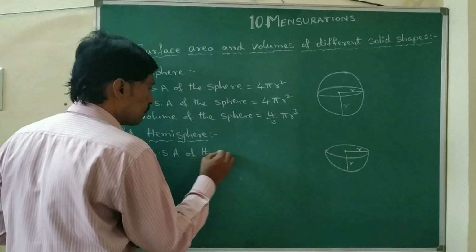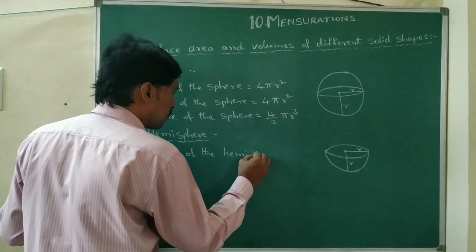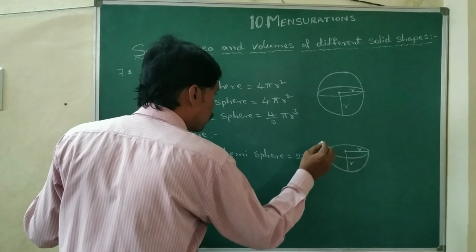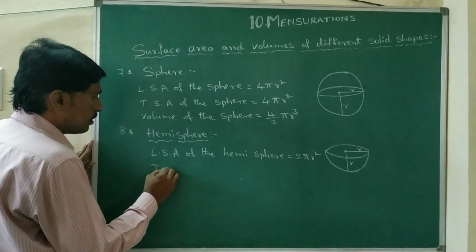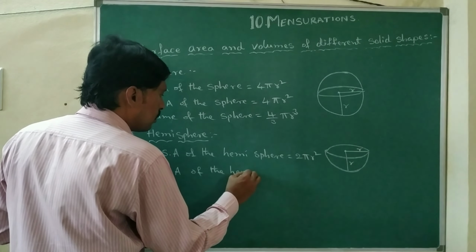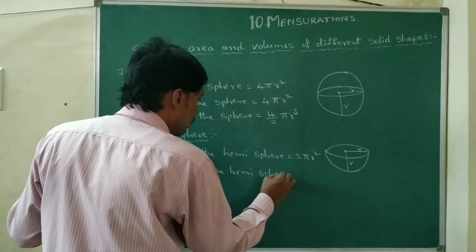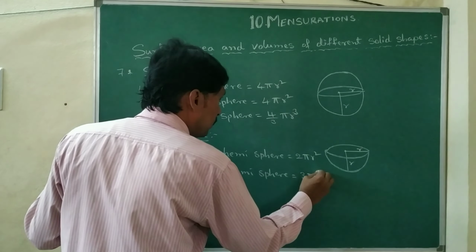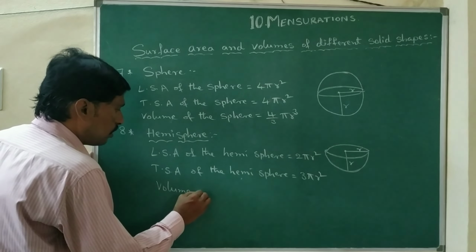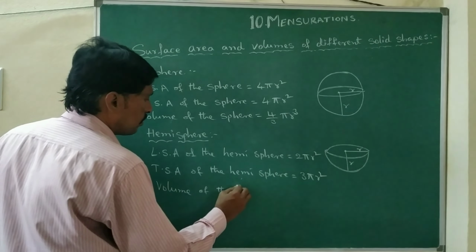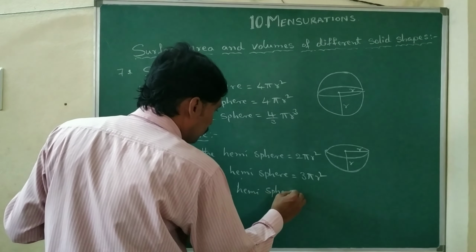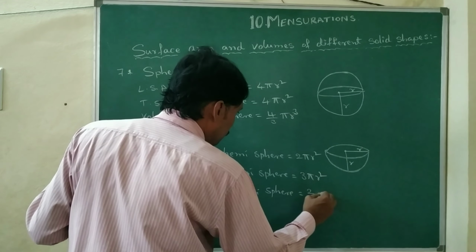LSA of the hemisphere equals 2 pi r square. TSA of the hemisphere equals 3 pi r square. Next, volume of the hemisphere equals 2 by 3 pi r cube.